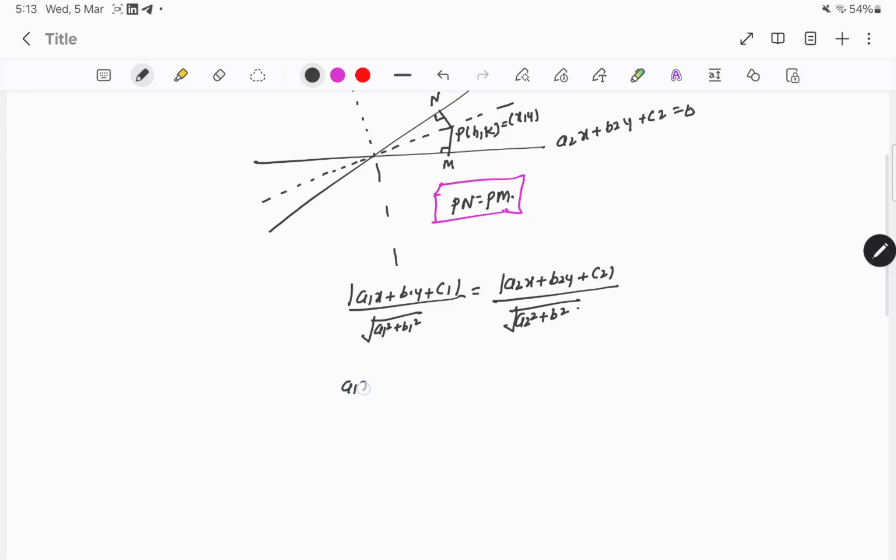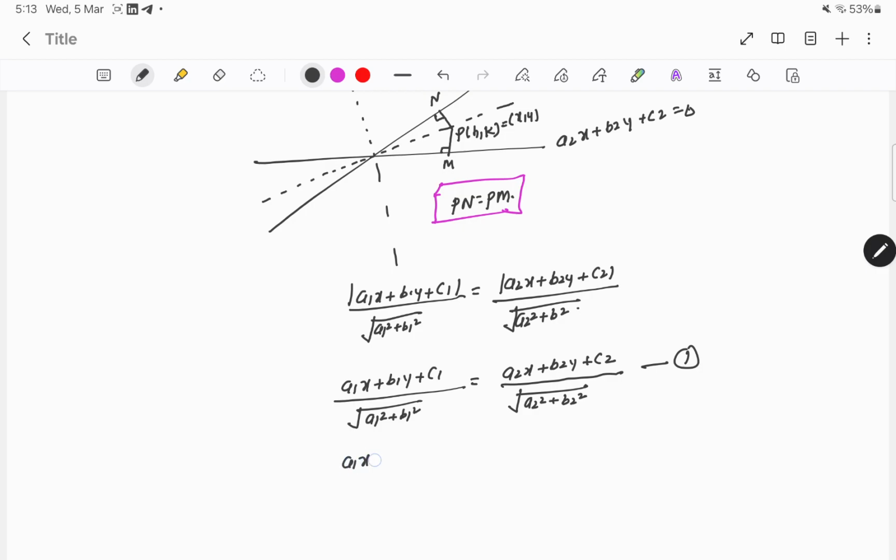Now if you open the modulus, then you will get (a1x plus b1y plus c1) by the square root of a1 square plus b1 square equal to (a2x plus b2y plus c2) by the square root of a2 square plus b2 square. This is one of the angular bisectors, when both have the same sign.